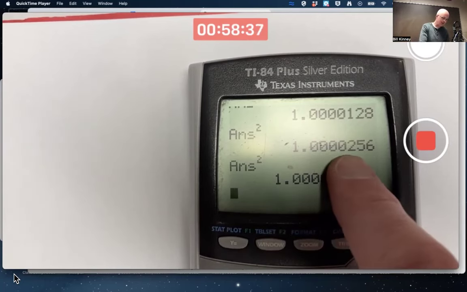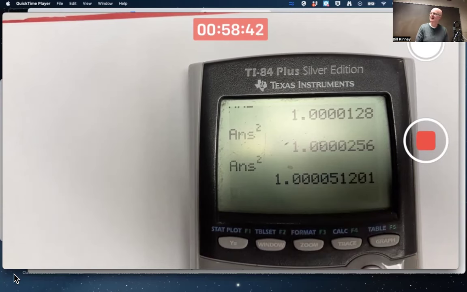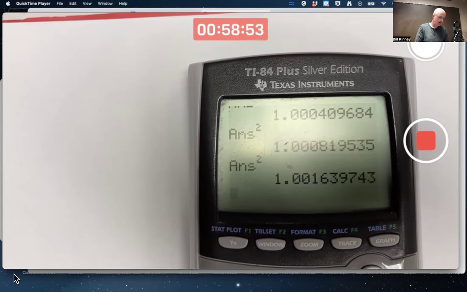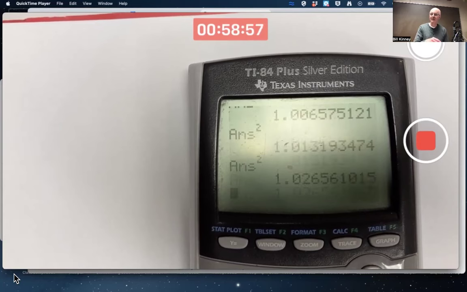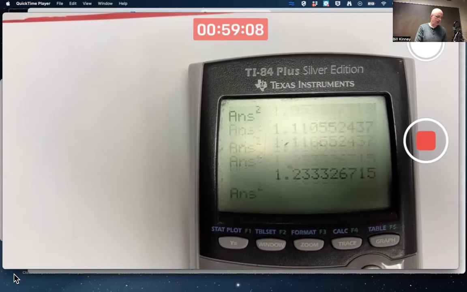There are 4 zeros before the first non-zero digit after the decimal point in both cases. But now we're seeing more digits that before the calculator was hiding. And we continue to not get doubling of those digits anymore. And it starts growing really fast. So while I kept hitting enter, I'm generating a sequence, S1, then S2, then S3, then S4, then S5, etc. Eventually, these numbers grow really rapidly.